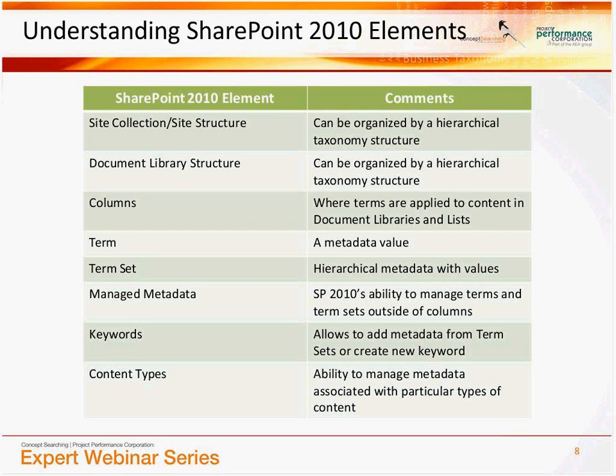The library itself can also have structure, or even a list can have structure, based off some type of information architecture for a more business application perspective or a more departmental or small group focus. Then we get into terms and the term set. Term sets are comparable to our taxonomies or our metadata facets.